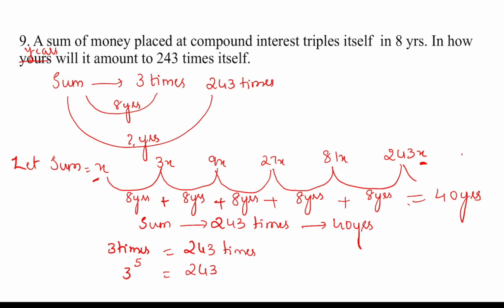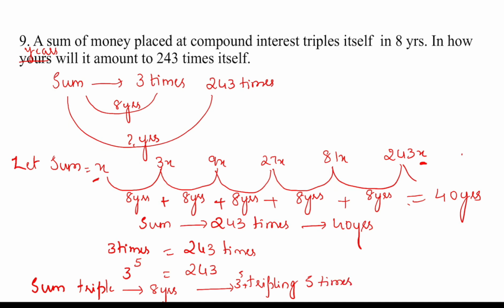We know that the sum will triple every 8 years. So 3 raised to 5 means nothing but it is tripling 5 times.